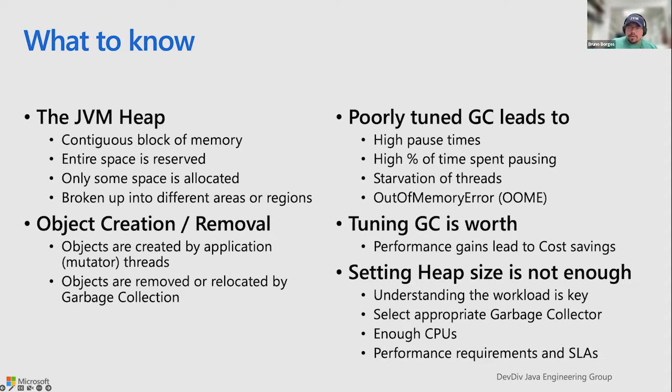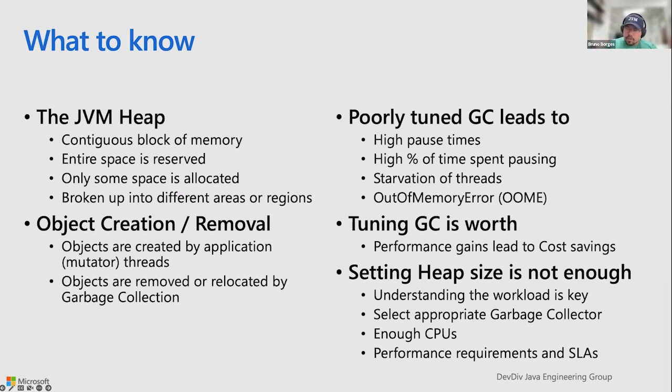So it is worth tuning the garbage collector, of course, once you understand what's going on, because it can allow you to literally save costs, save spending, especially in cloud environments where cost is related to usage.